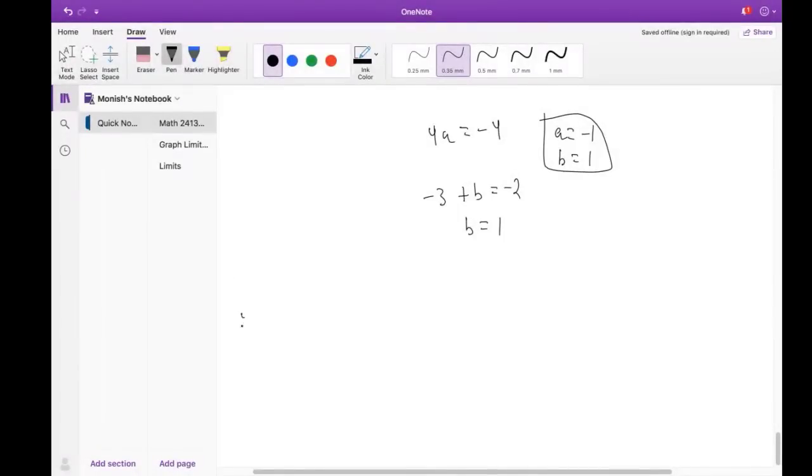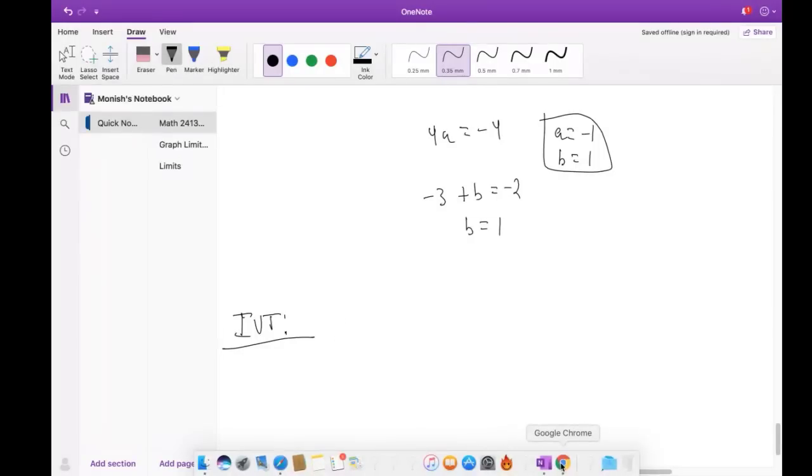IVT. That's your intermediate value theorem. So the basics, does anyone want to go ahead and tell me what IVT is? Explain it real quickly.